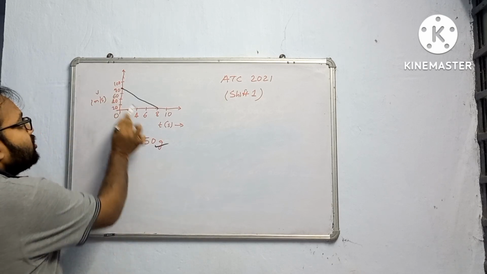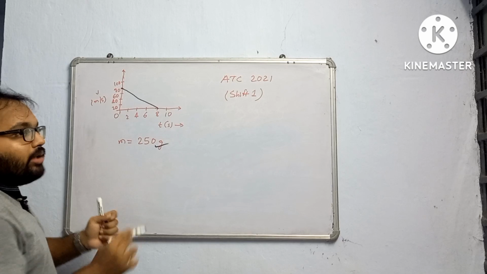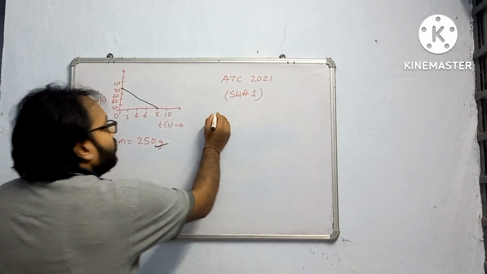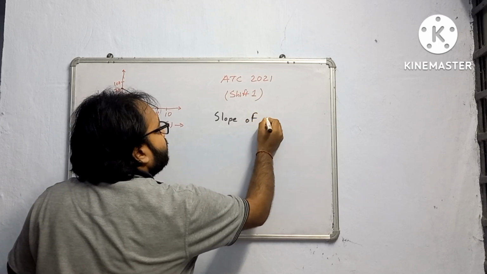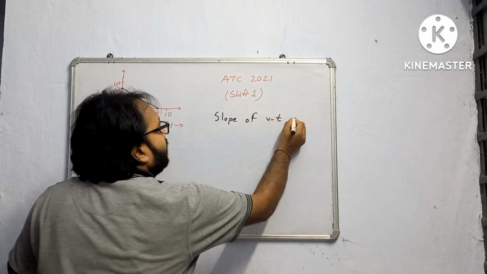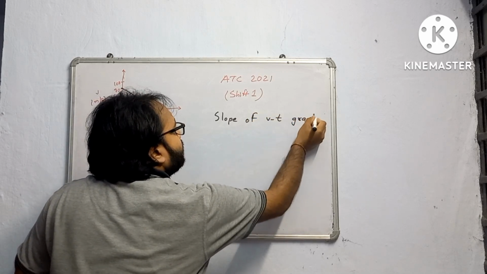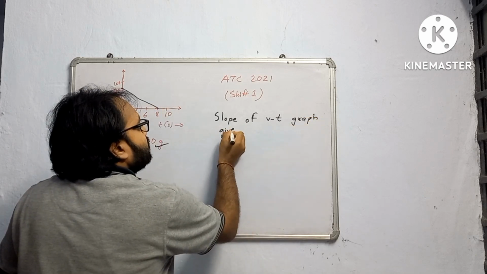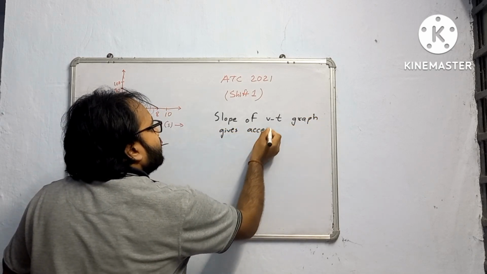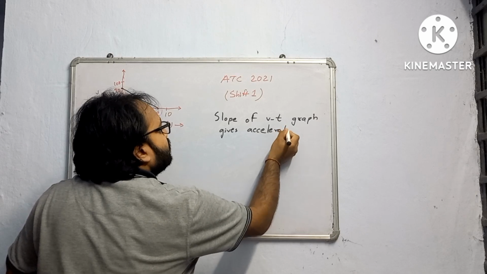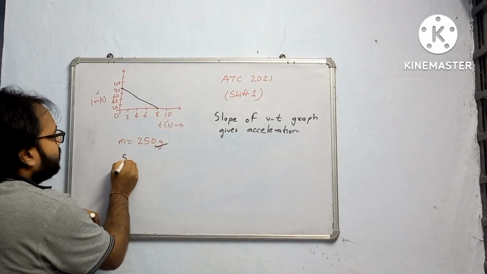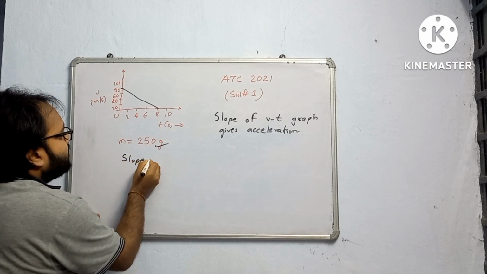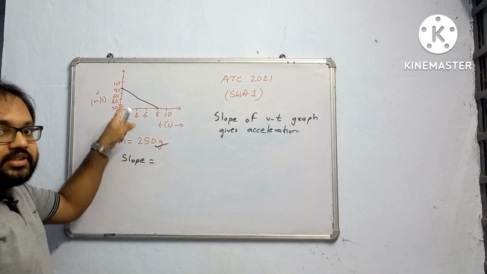I have told you the slope of the VT graph, the velocity time graph, gives us acceleration. What is the slope here? You can see the slope is negative.